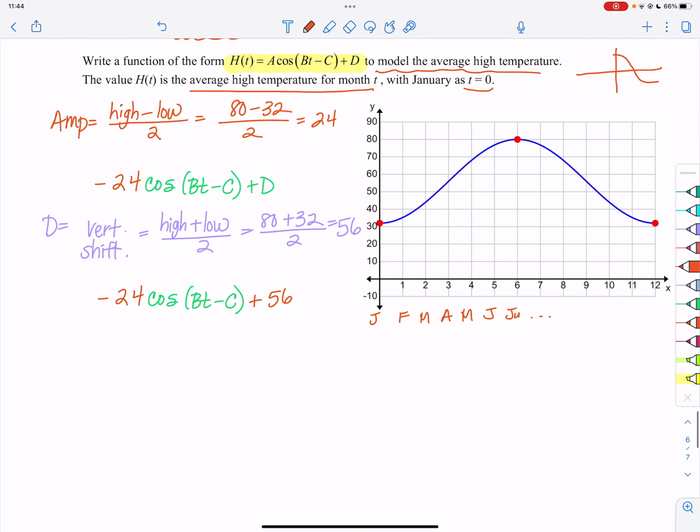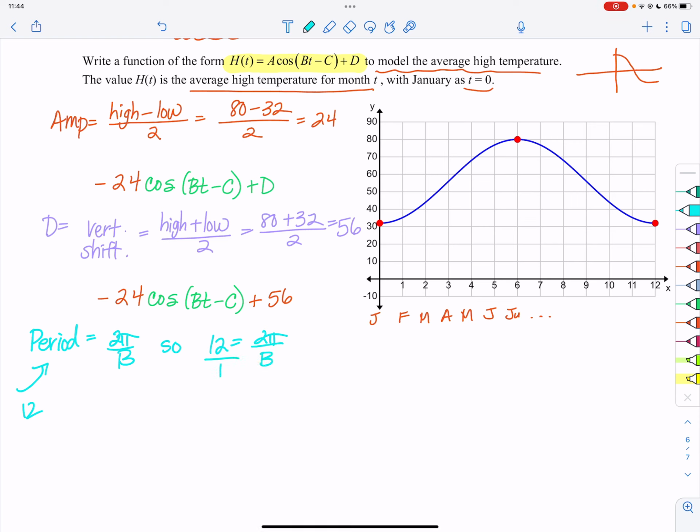Let's work on the period, okay? So the period is equal to 2 pi divided by b. Now, as you can see, our period is 12 from here. So it would be 12 is equal to 2 pi divided by b.